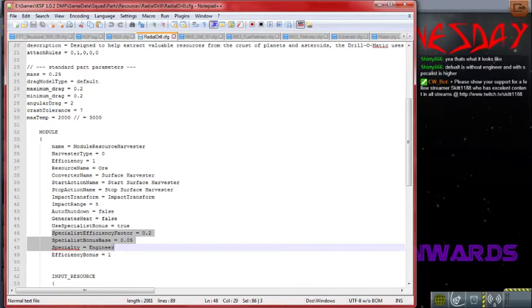I do have KSP 1.0, so I will go and pull those config values out and actually take a closer look at them. But I'm sure it won't be long before Squad will re-enable the heat tracking of drills and whatnot.